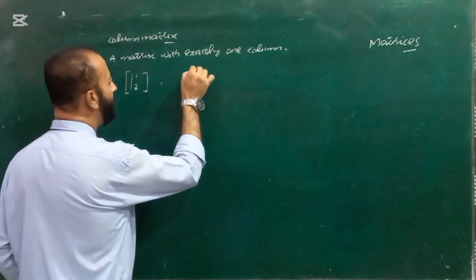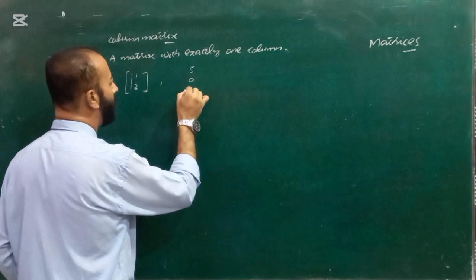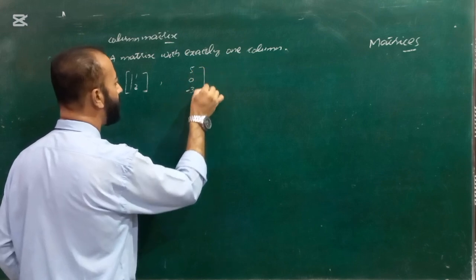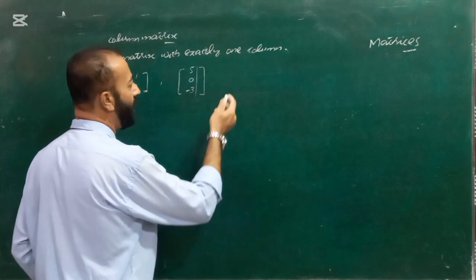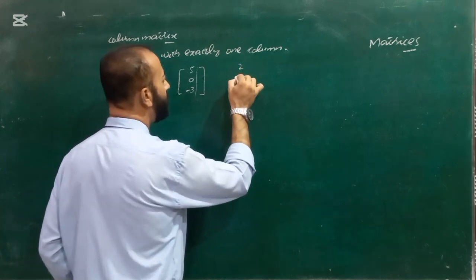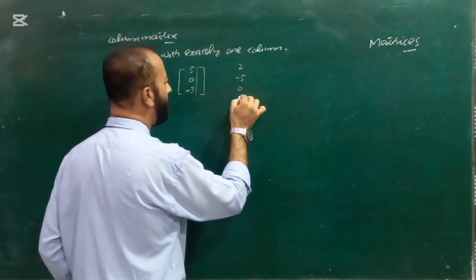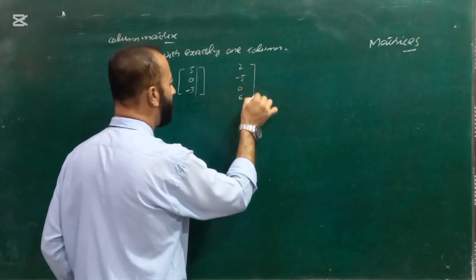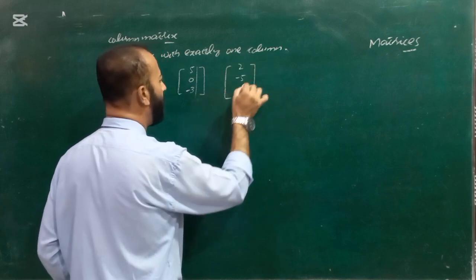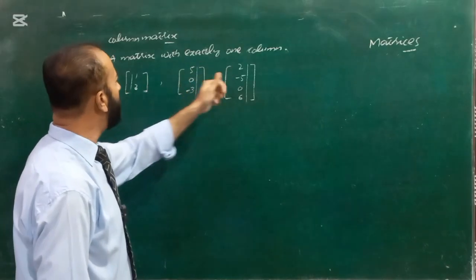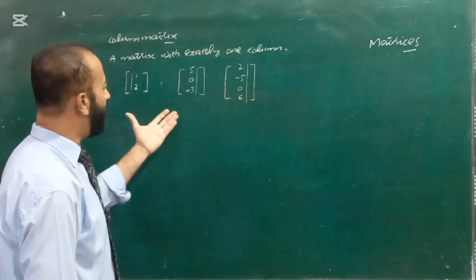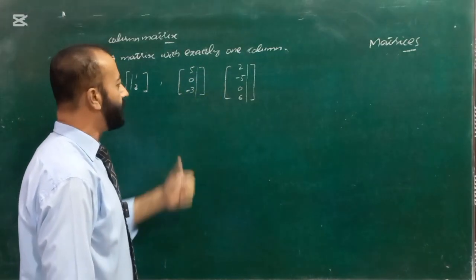And other example may be 5, 0, -3. You can see again only one column. And other example may be 2, -5, 0, 6. So in this matrix, you can see again one column. So a matrix with exactly one column is called a column matrix, and examples are here.